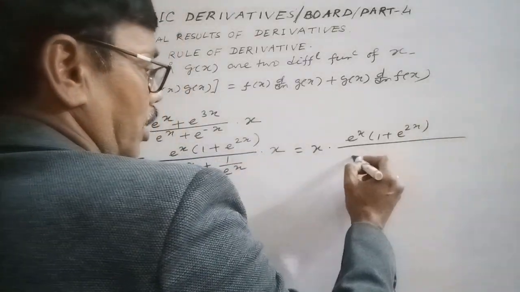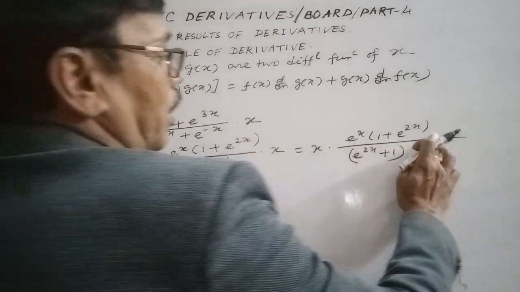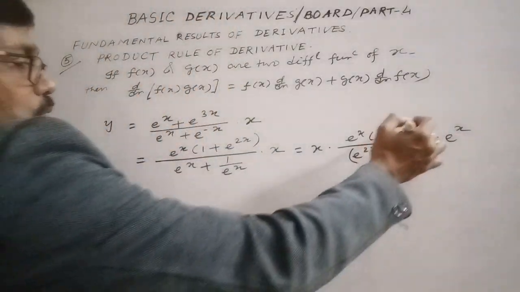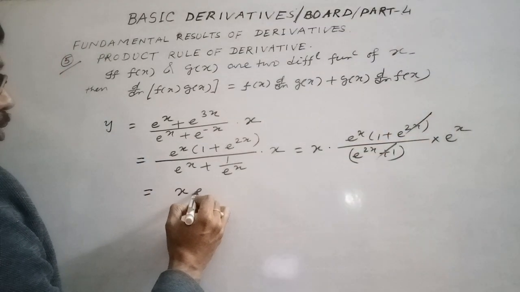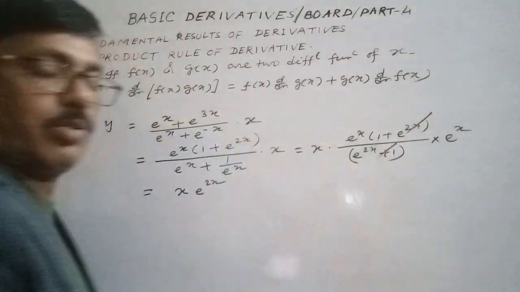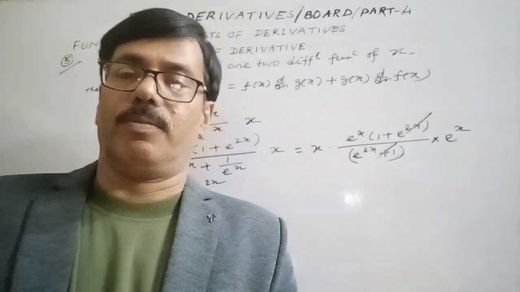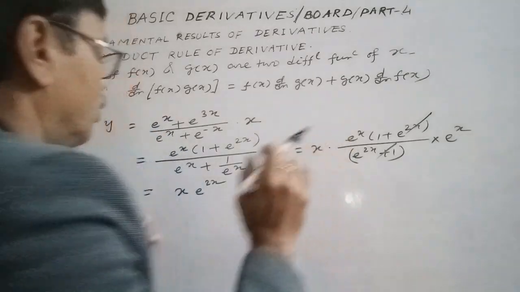So look, e to the power 2x plus 1 by e to the power x. So it will be at the numerator. So these and these cancel. So we get x into e to the power 2x, e to the power x into e to the power x. So our main aim is to express it in terms of a simple one.